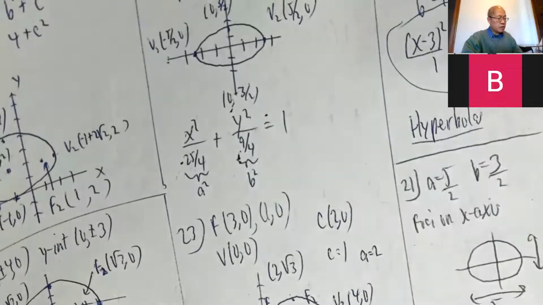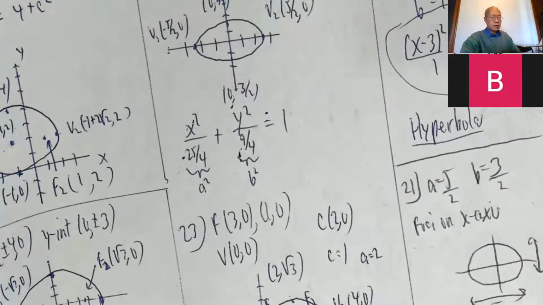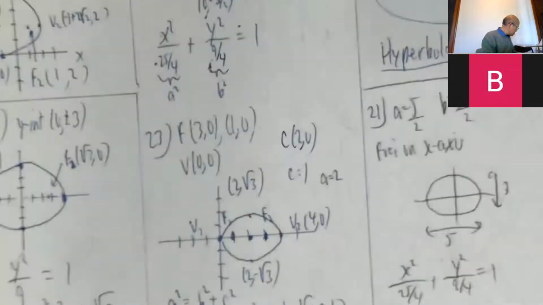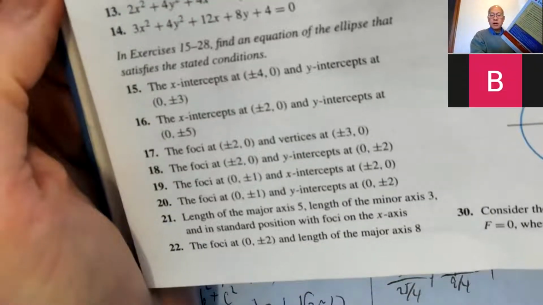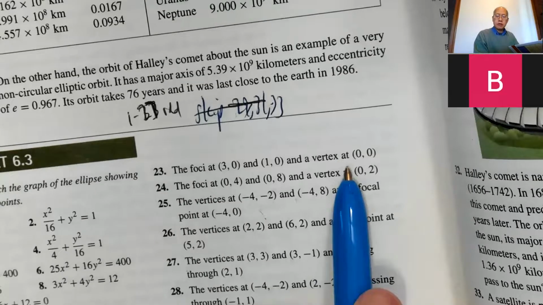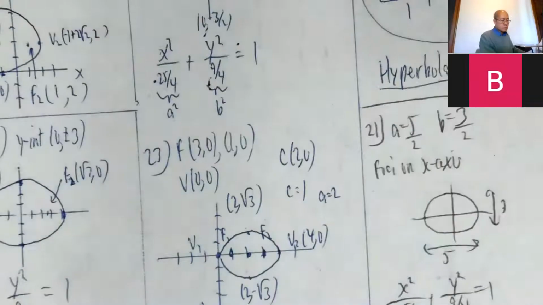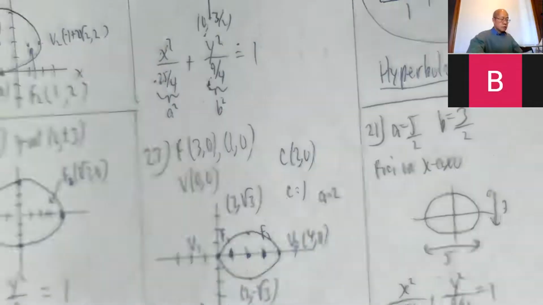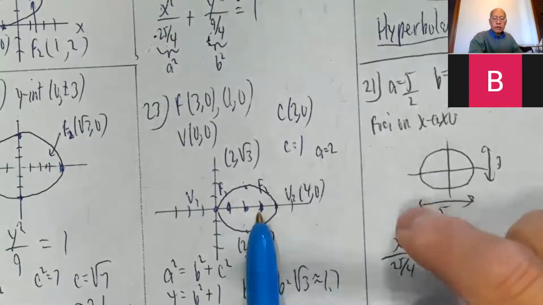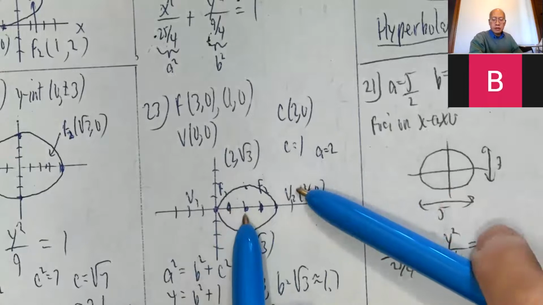Okay, then a couple of harder ellipse problems where we're not centered at the origin, but somewhere else. So 23, whoops, 23: foci (3, 0) and (1, 0), vertex at the origin. So halfway between the two foci is the center.